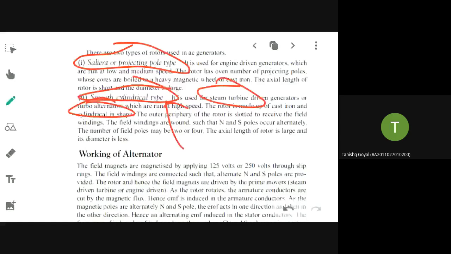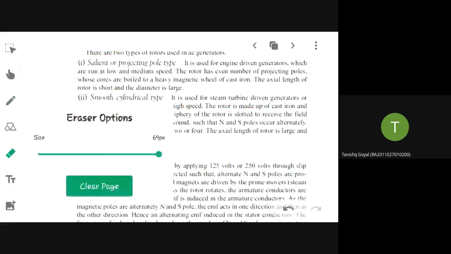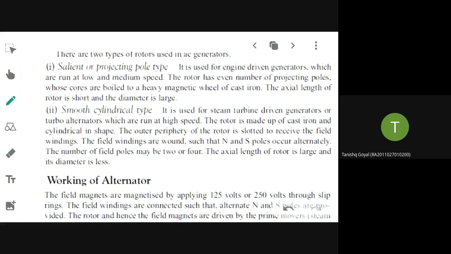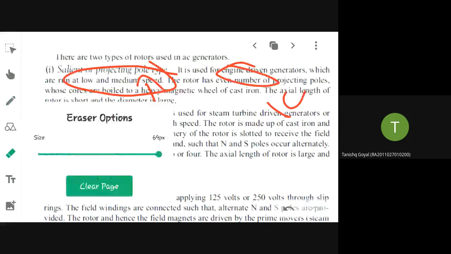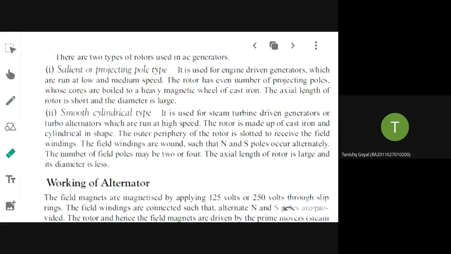But on the other hand, if you want to select an alternator for an IC engine, engine driven, running at low and medium speed, what type of rotor will you use? Salient. This might be asked in MCQs. Low speed and medium speed means what type of rotor? Salient.